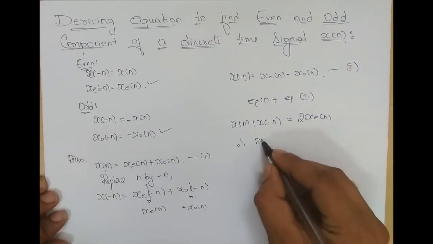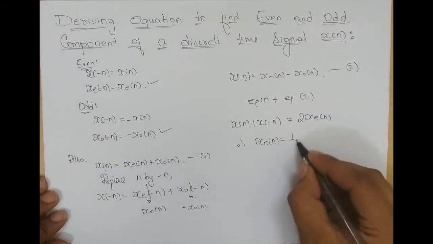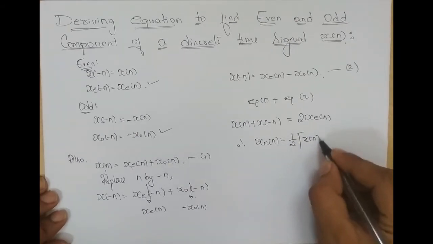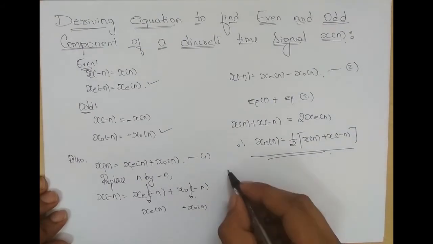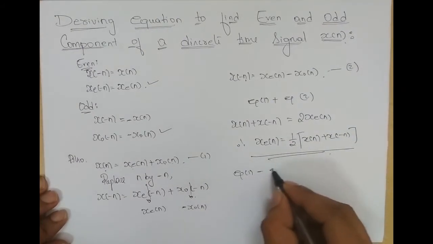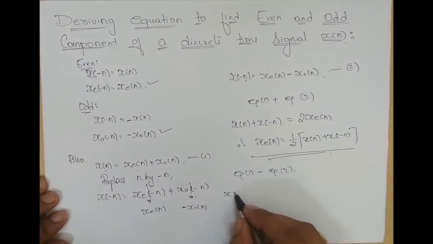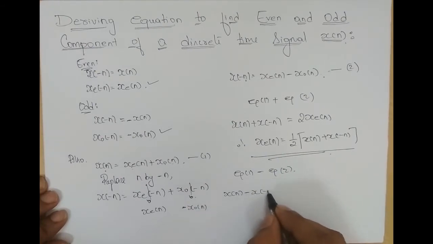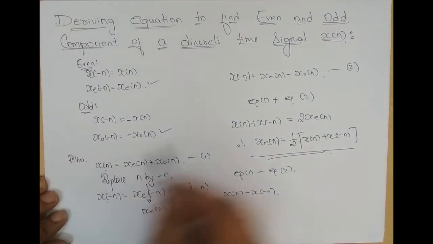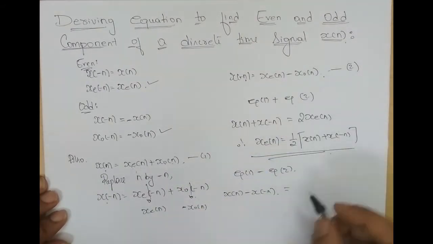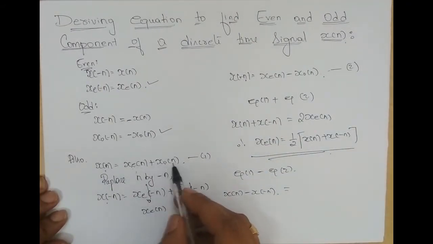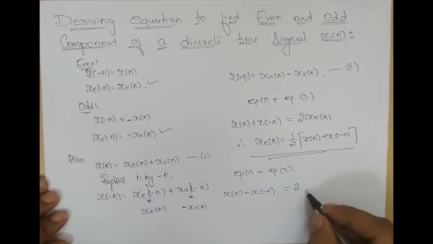So therefore x_e(n) is equal to what? 1 by 2 times x(n) plus x(-n), right? So equation 1 minus equation 2 leads to x(n) minus x(-n). So x(n) minus x(-n) is equal to x_e(n) minus x_e(n), which cancels out, plus x_o(n) minus minus plus x_o(n), which is 2 times x_o(n).